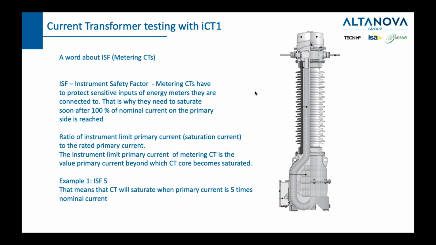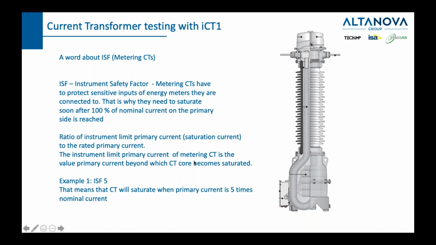So ISF is the ratio of instrument limit primary current, we will explain what that is, actually it's saturation current, to the rated primary current. And what is the instrument limit primary current? Well, the instrument limit primary current of a metering CT is the value of the primary current beyond which the CT core becomes saturated.